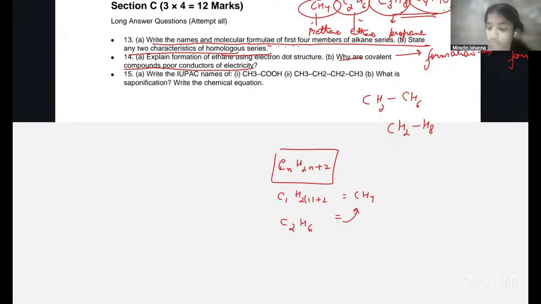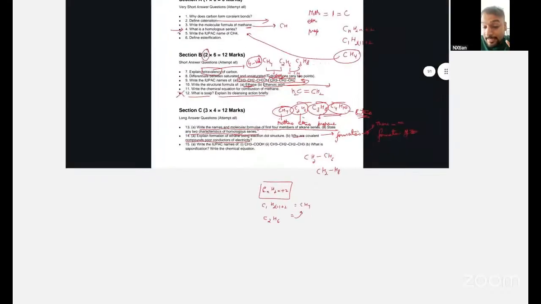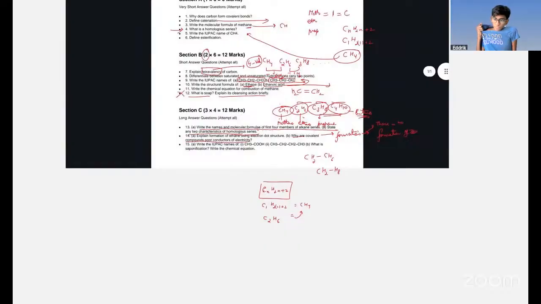Miraculin also didn't attempt most of the theory part questions. Why? I was confused, sir. That's why. So we'll do one thing. I will take one more test on Saturday, not on Friday, of this chapter only.